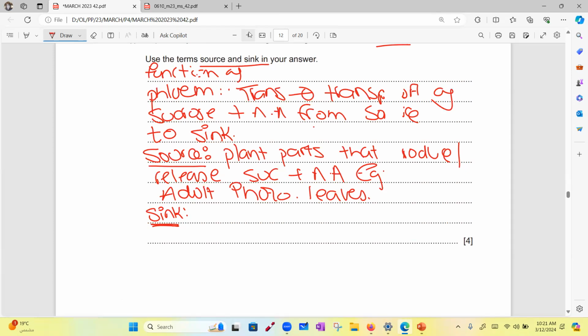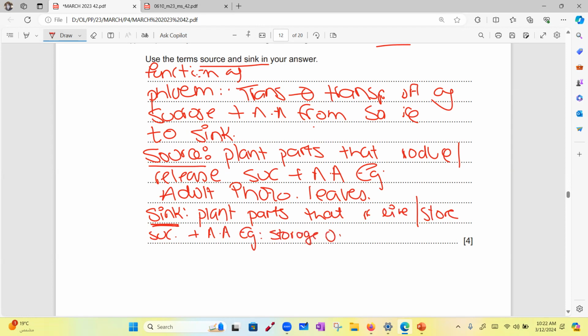So the sink I have written down, these are the plant parts that receive or store sucrose and amino acids. Example, storage organs, like a potato. Example, roots. Okay?